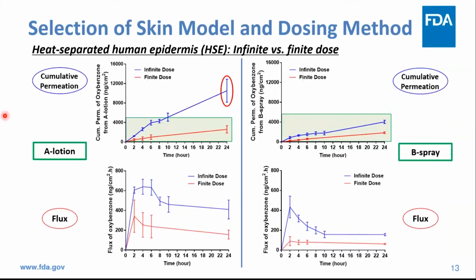We also performed a comparative study using HSE with infinite dosing compared with finite dosing in different sunscreen products, for example, A lotion versus B spray. Cumulative permeation from the infinite dosing group is always lower than that from the finite dosing group.